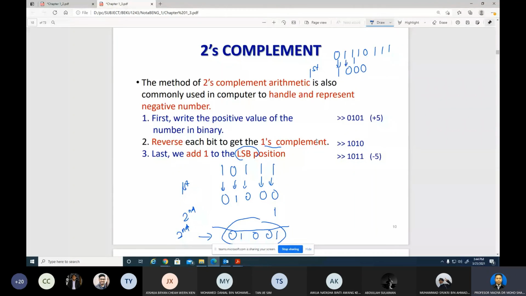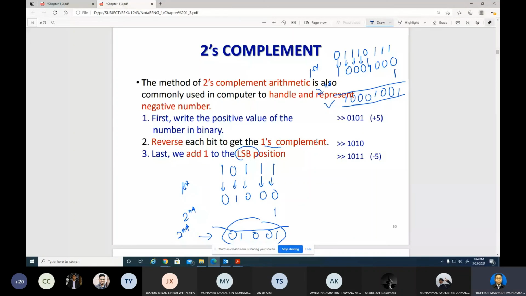Then for the second complement we add 1 at the least significant bit. 1 plus 0 will be 1, giving 1 0 0 1 0 0 0 1. That is the final answer for the second complement.